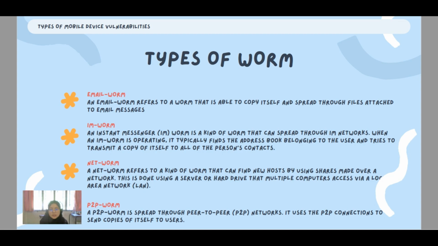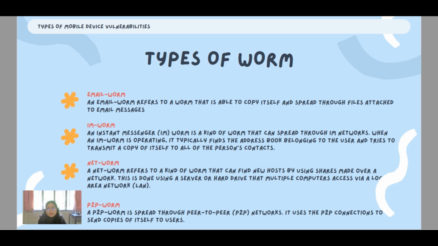contacts. Okay, so network worm. A network worm refers to a kind of worm that can find new hosts by using shares made over a network. This is done using a server or hard drive that multiple computers can access via a local area network.